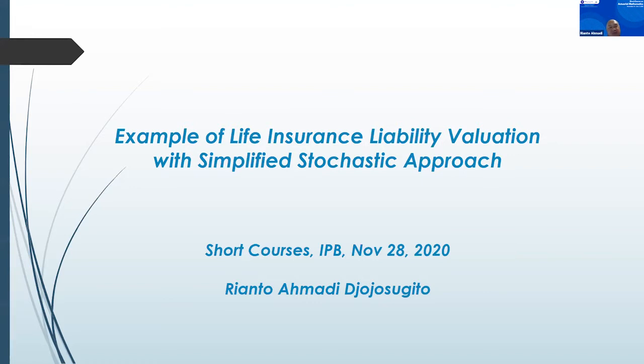So this morning, basically what I'm going to do is share one simplistic stochastic approach we can use to look at insurance liability valuation. In the insurance company, from time to time, actuaries have to identify what they call reserve.